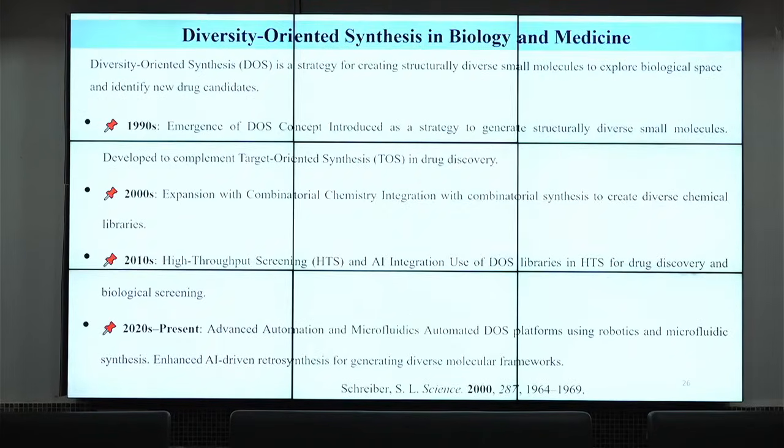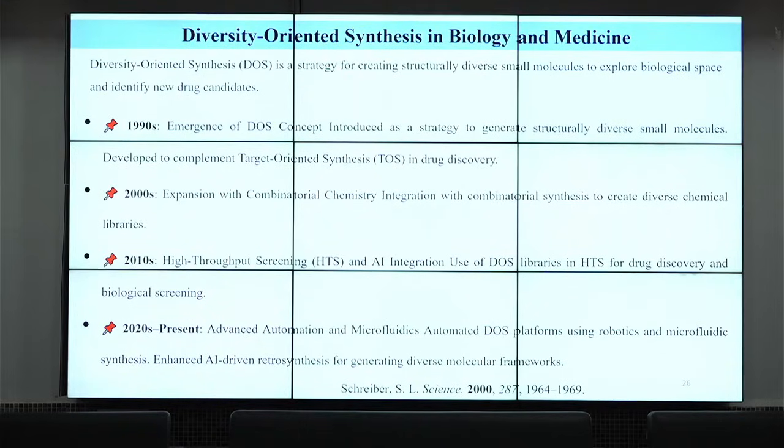Okay? Now to move forward, coming back to diversity oriented synthesis in biology as well as medicines. There it is different, as I said, but before that we already discussed in other sessions high throughput screening: you need to screen the molecules which are going to be your drug in future.